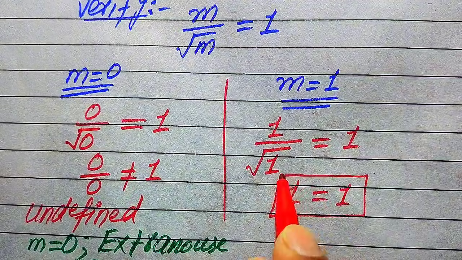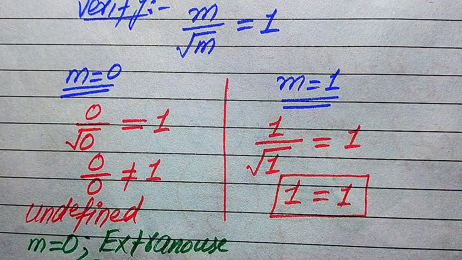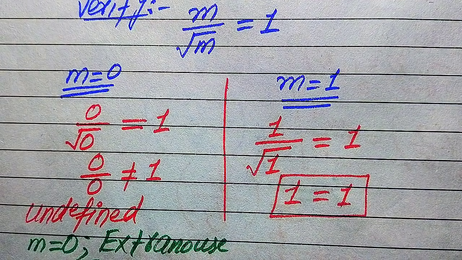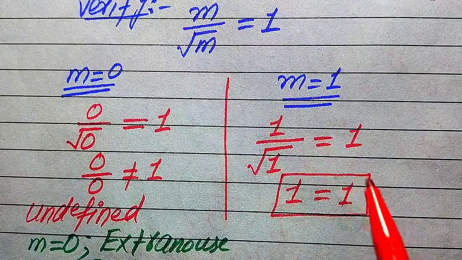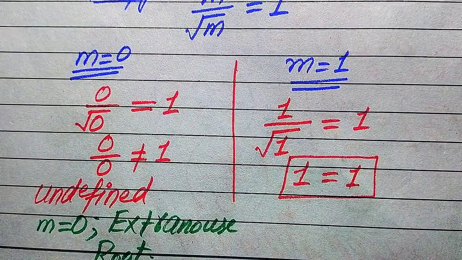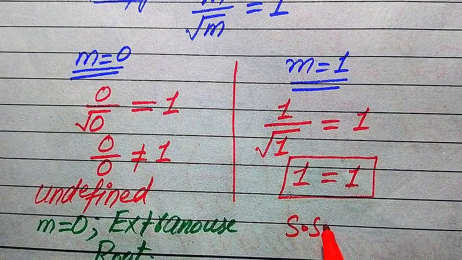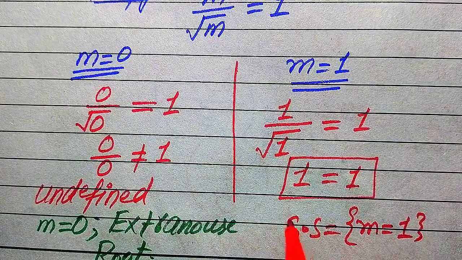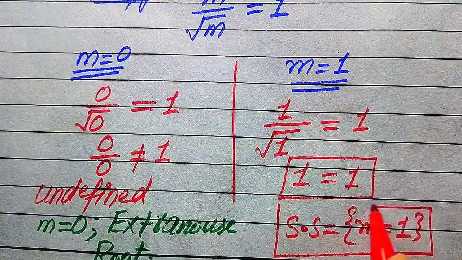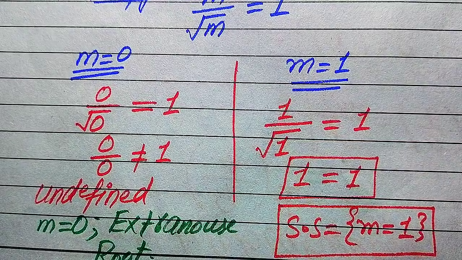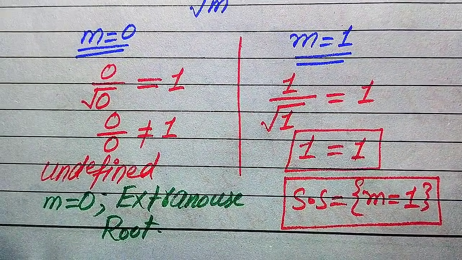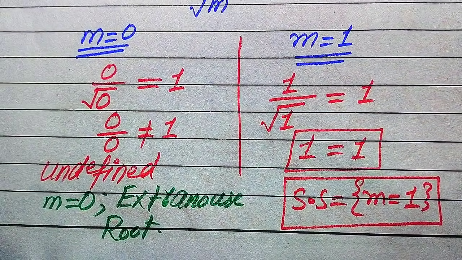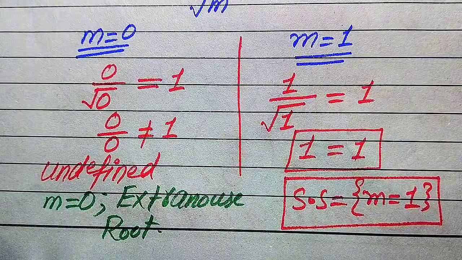This shows that both of the sides are equal, and it means that the value of m equals to 1 satisfies our given question statement. So the solution set of this question is m equals to 1. This is the only one solution of the given equation which we get in this method. This is the final conclusion about method number 1.